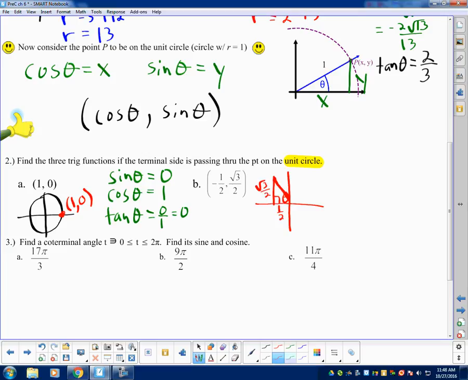And all I'm doing is just labeling the positive lengths of those legs. But this coordinate right here tells me what cosine and sine of theta are. So sine of theta is the y-coordinate, which is root 3 over 2. And cosine of theta is the x-coordinate, negative 1/2.